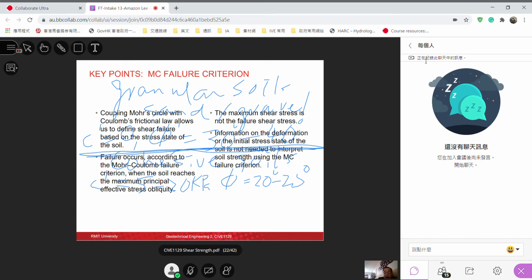For cohesive soil, fine-grained soil, clayey soil, the cohesion intercept is not 0, a small value, from a few kPa to maybe around 20 kPa maximum, around 5 to 20. The angle of friction is smaller, usually around 20 to 25, maybe 26, 27. For some over-consolidated clay, the angle of friction may be higher, closer to 30.